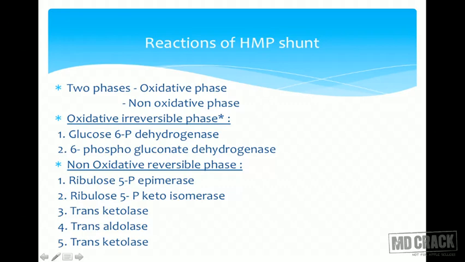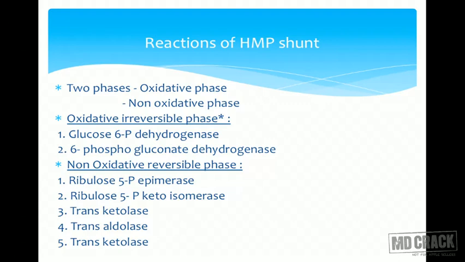What does this enzyme mean to you? Transketolase has a requirement for a coenzyme, thiamine pyrophosphate. TPP, that is thiamine pyrophosphate, is the coenzyme for transketolase.